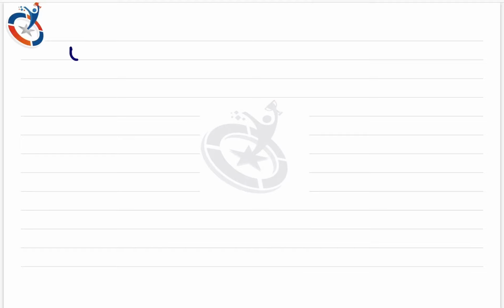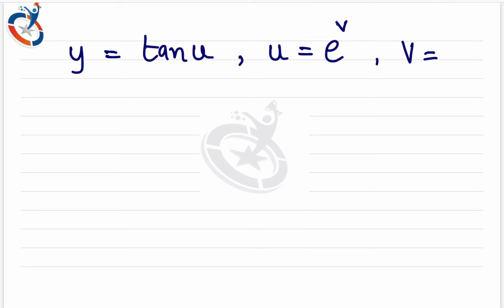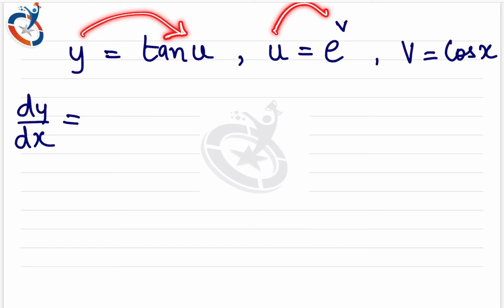Suppose we have y is equal to tan of u, u is equal to e raised to v, and v is equal to cos x. So here the rule becomes what? Dy by dx. Now here you can see y is a function of u, u is a function of v, and v is a function of x.